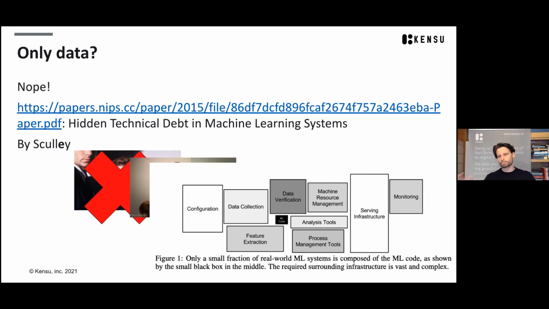And actually, all these boxes are also applications, right? So they can go nuts. They can fail. They can use assumptions that are falsified at some point in time, which can impact, of course, the quality of the ML code.